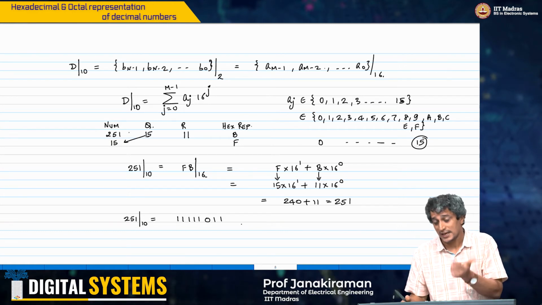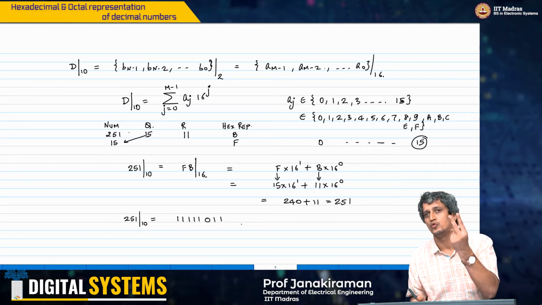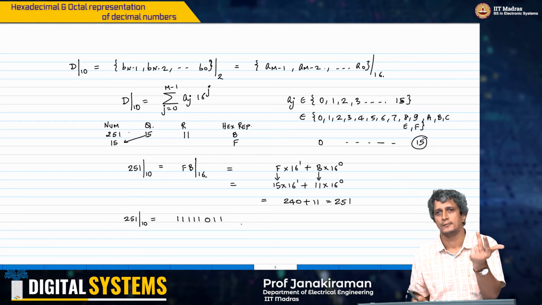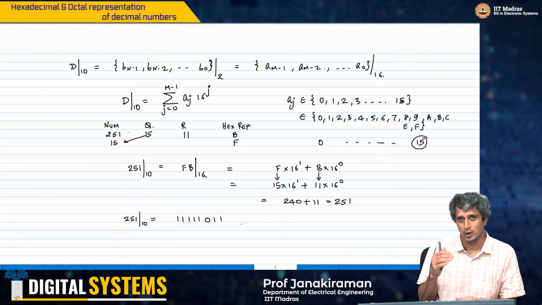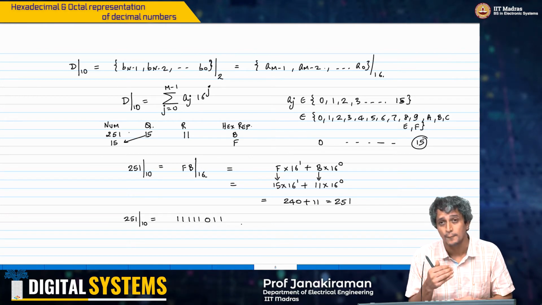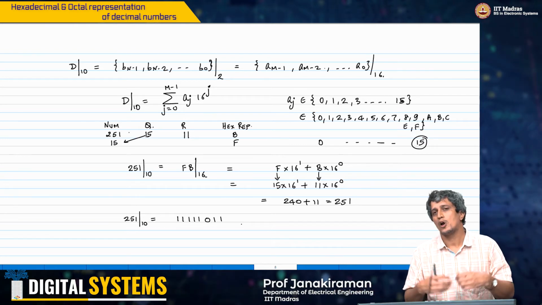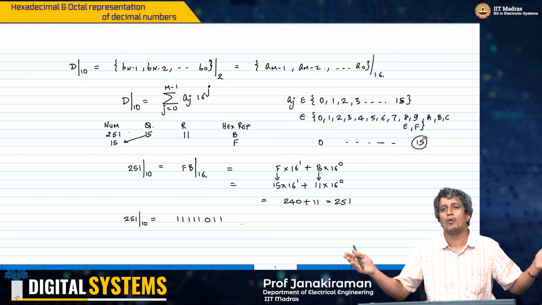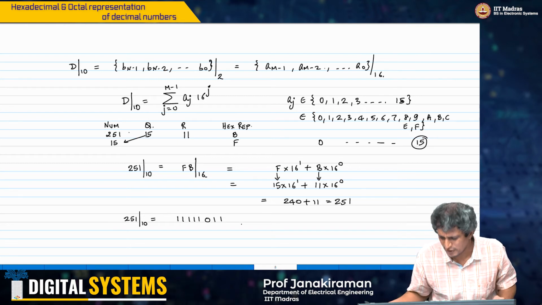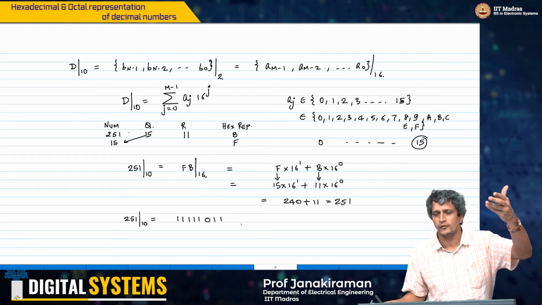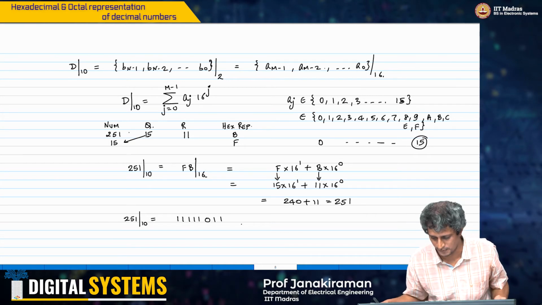But the same number in base 16, I just needed 2 symbols, F and B, right? On the other hand, in binary, I need 8 bits of information, right? So therefore, the lower the base, the more digits I need to capture the same information, which is not surprising because you are going in powers of the base, right? And the larger the base, you cover a much larger range, right?